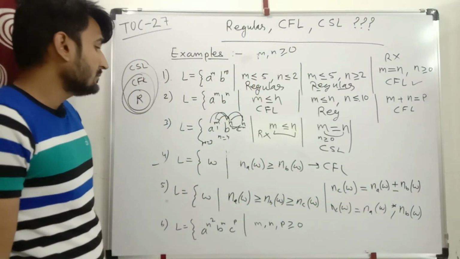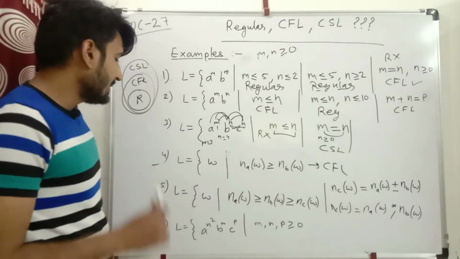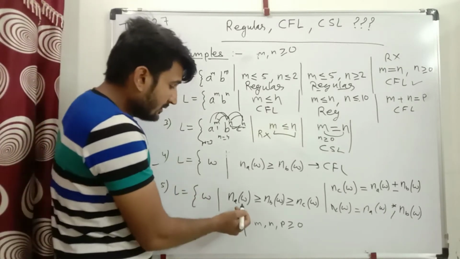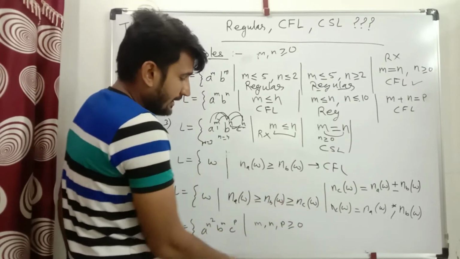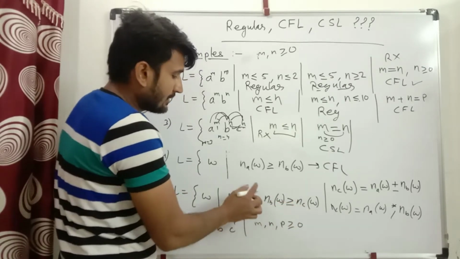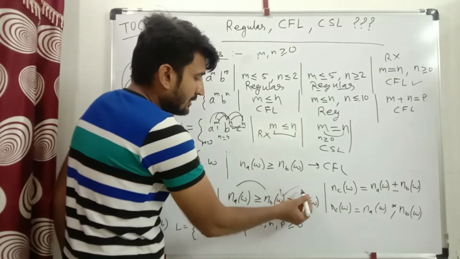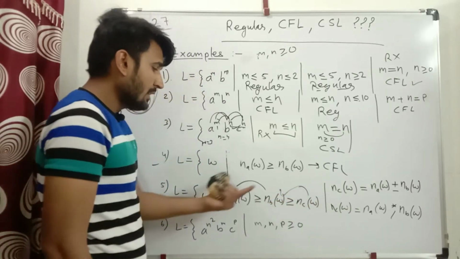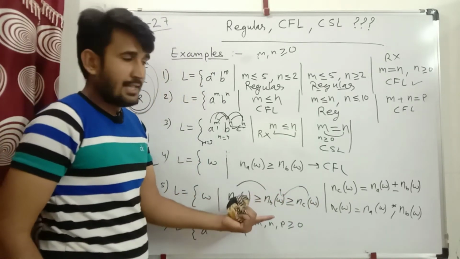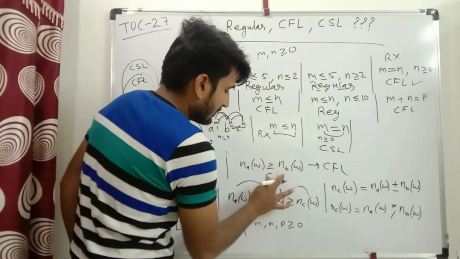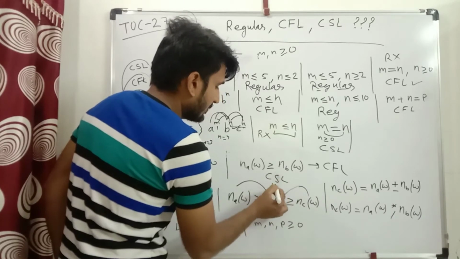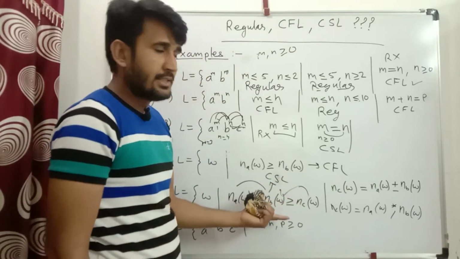Consider the next example. If the number of a is greater than the number of b, which is greater than the number of c, there are two comparisons, between this and this, and between this and this, so it is CSL. This language is CSL.